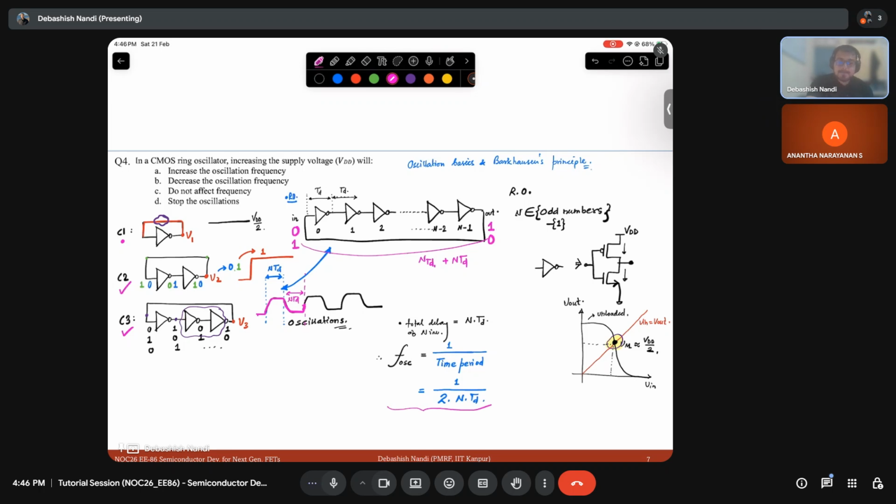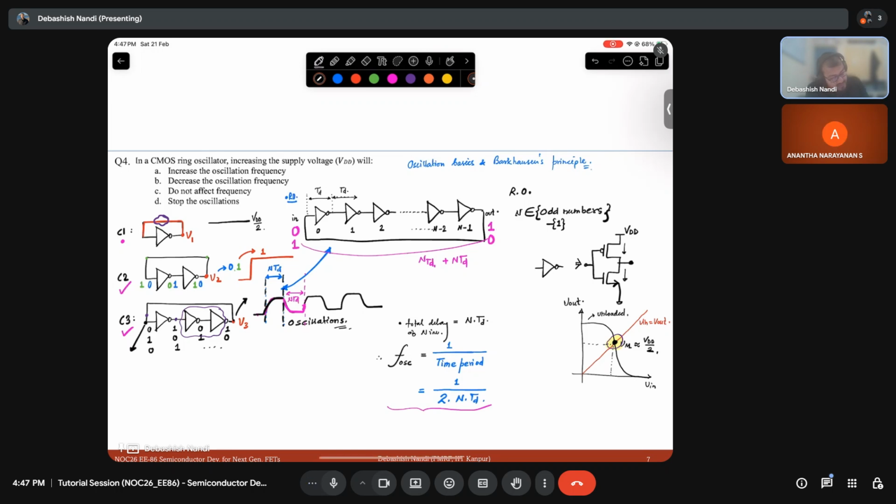Sir, I just want to ask one more thing. For case 2 and case 3, won't there be any delay in that loop? Of course, that delay is critical for the oscillation, right? So where is that delay coming from? See, from the inverter gates. You are bothered about this output and this input. Between this and this, you will have delay, and that delay is getting translated into this 0 to 1, right?